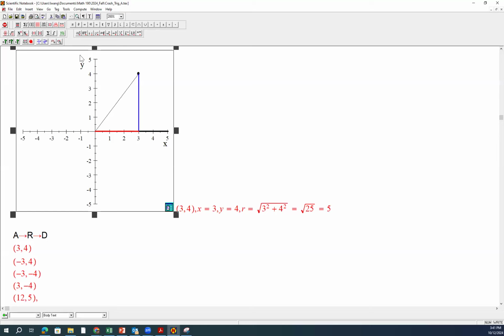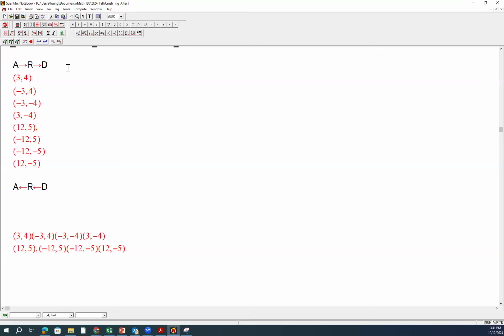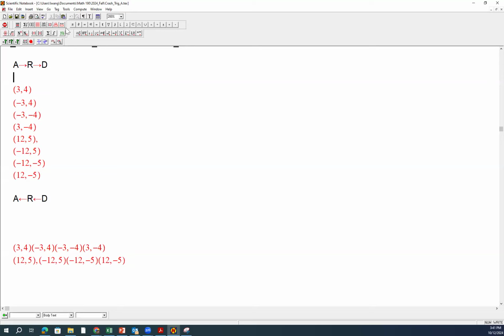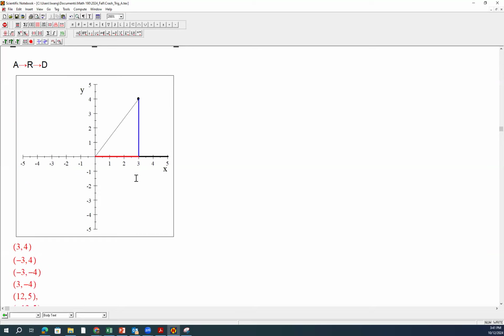All right, so I'm going to take this picture and bring it with us. And we know that on this picture we marked 3, 4, right? We've done some work here. All right. So now let's find the 6 values for the trig functions.